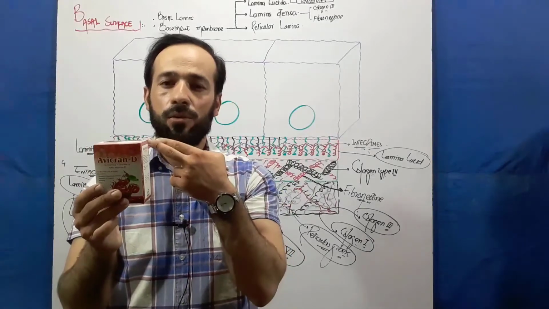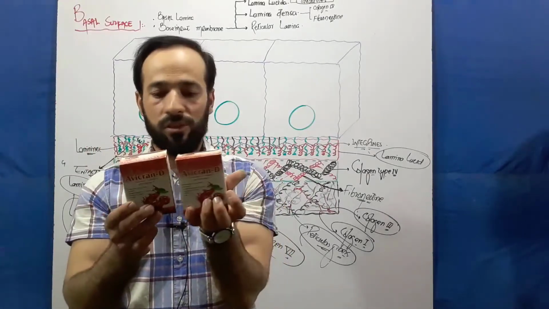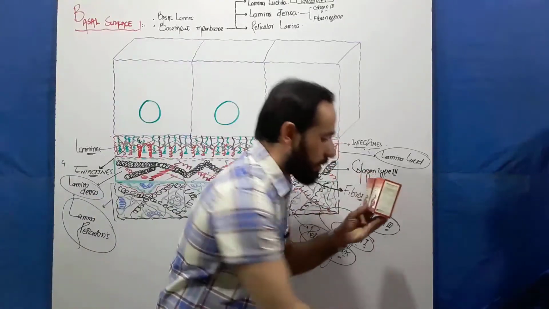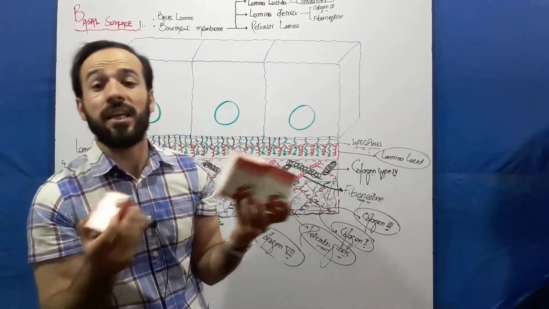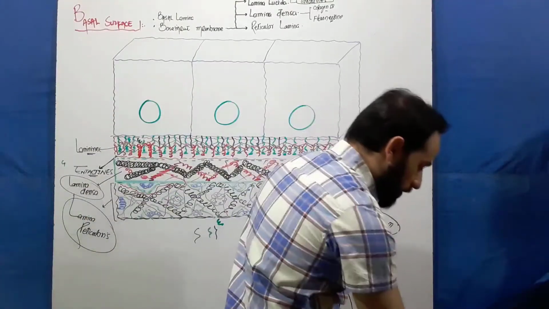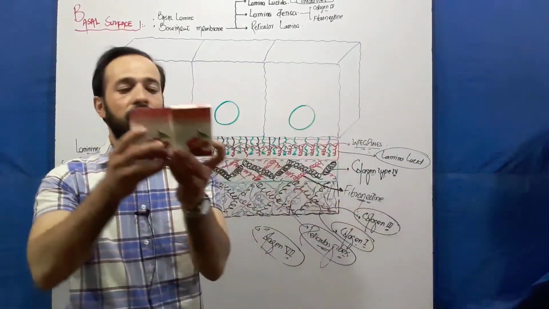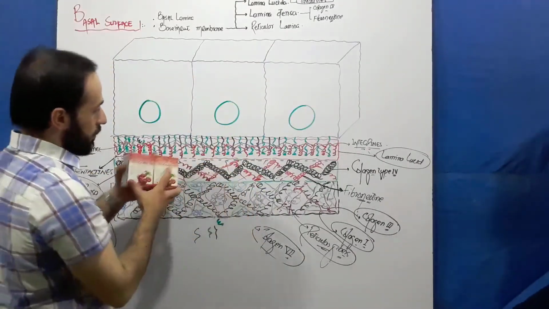Lateral side, either you can take this one, this one, this one, right? It doesn't matter, because here is also an epithelial cell, here is also another epithelial cell. So all these sides are the lateral sides of the epithelial cells. We have discussed what is in the base of this epithelial tissue, which was this basal lamina.